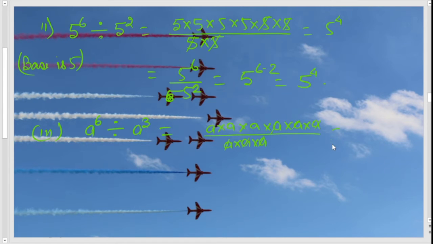What remains is a to the power 3. We can also write it like, when the base is a, the common base is a, it can be written as a to the power 6 divided by a to the power 3. So a to the power 6 minus 3 comes to a cubed, or a to the power 3, which is read as a cubed.